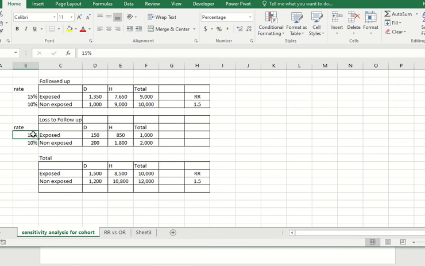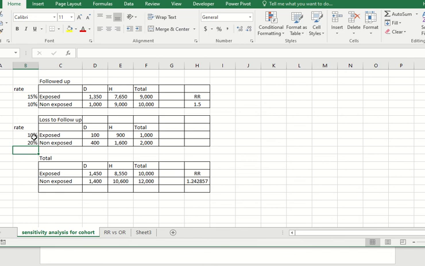Okay, let's start changing the values here and see what happens to my relative risk. So instead of having 15 and 10, what if I had, for example, 10 and 10? If it's 10 and 10, then your odds ratio total is 1.45, which is not that much different than the one you observed. What if it's 10 and 20?